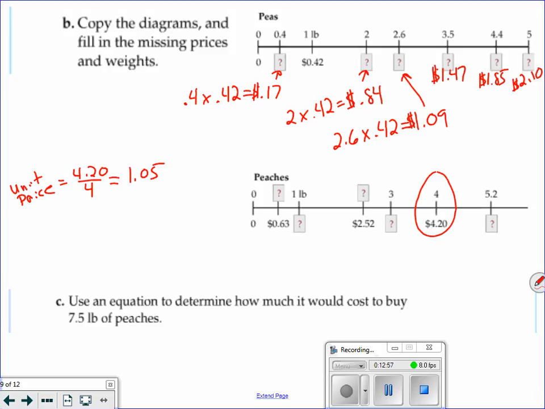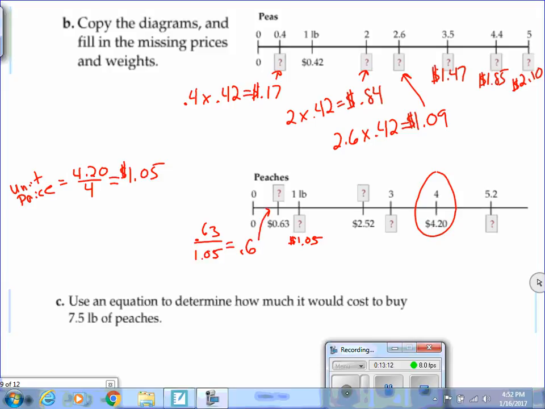Okay, again, now if we know the price, we're going to take that divided by the unit price, okay, which is the $1.05. So for this one, I need to take the 63 cents divided by the $1.05. Okay, so the 0.63 divided by 1.05 comes out to 0.6. So for 63 cents, we can get 0.6 pounds.